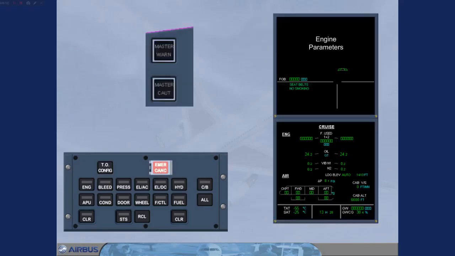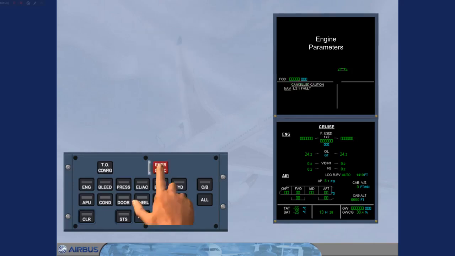When an intermittent caution occurs, the normal oral and visual alerts will be triggered. The emergency cancel push button can be used to tell Ecam to suppress the caution.